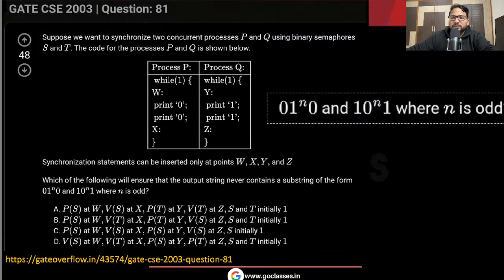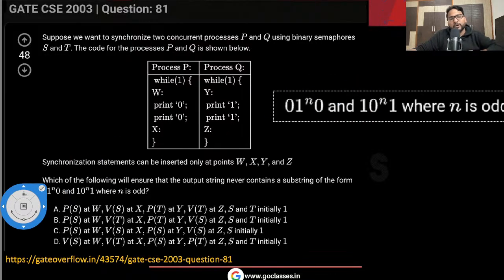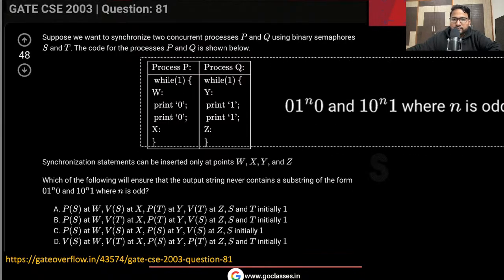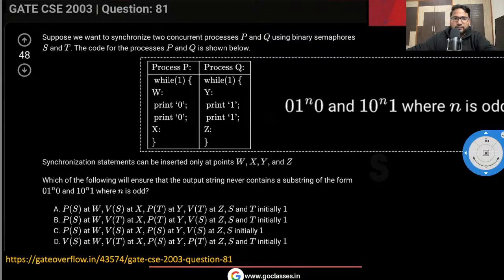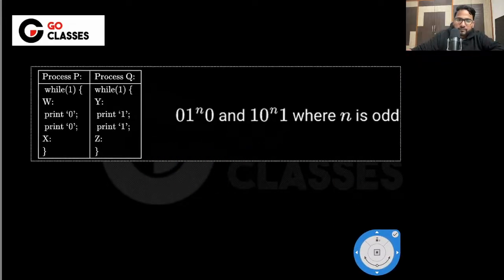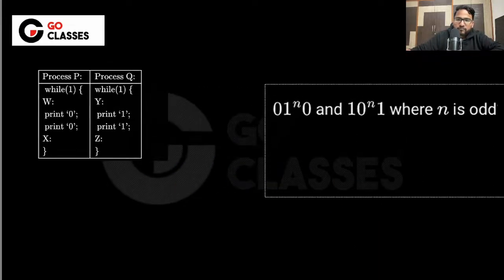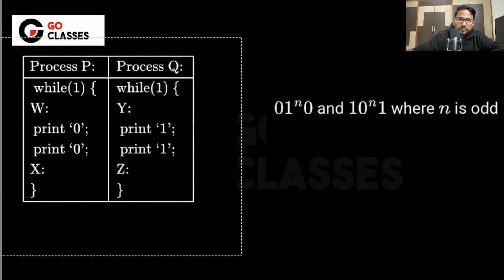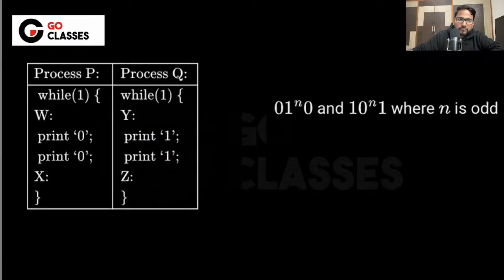So let's just check. If you don't want this, then what you need to do? Okay, let's just check this. So basically they are saying between two zeros you don't want odd number of ones.